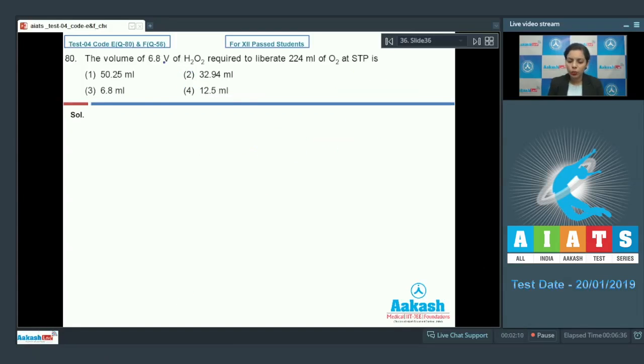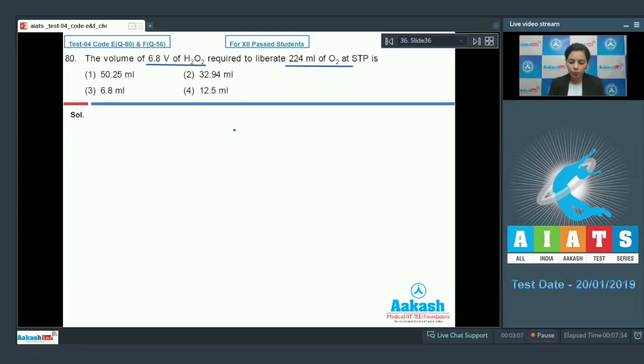After that, question number 80: the volume of 6.8 V of H2O2. What is this? This is the volume strength of H2O2 that is given in the question. I just underline it. Further, required to liberate 224 ml of O2. So we need to find out the volume of H2O2 which is required to liberate 224 ml of O2.